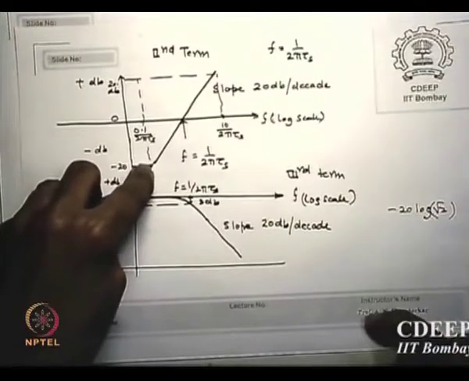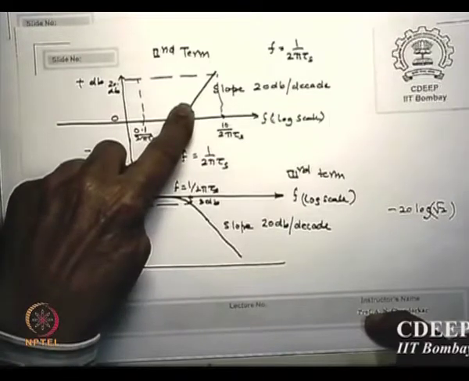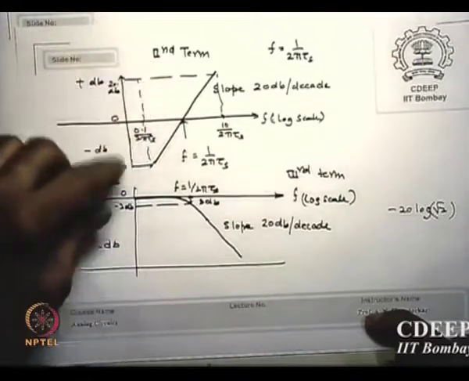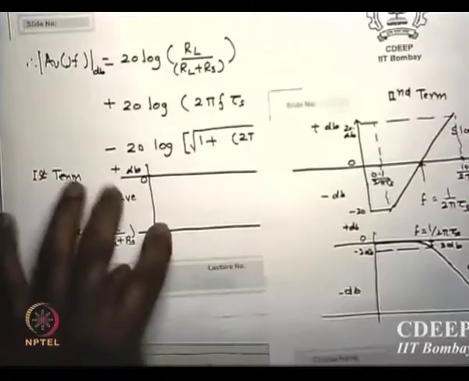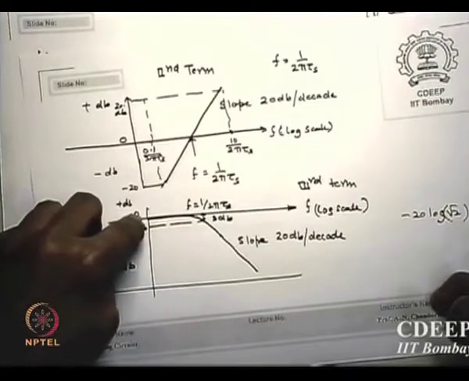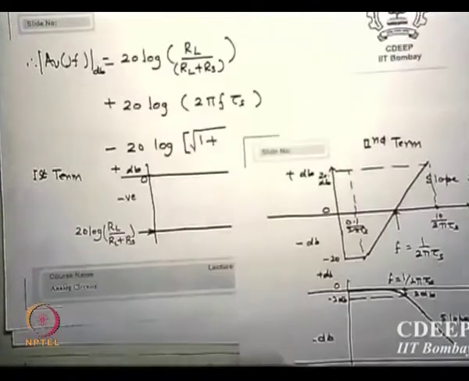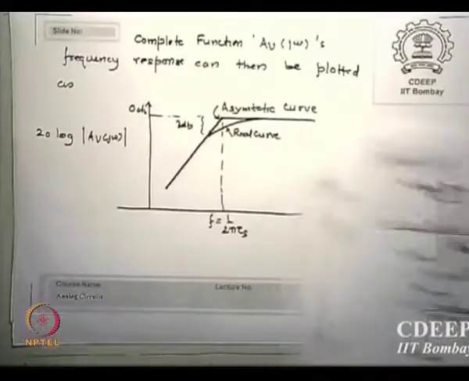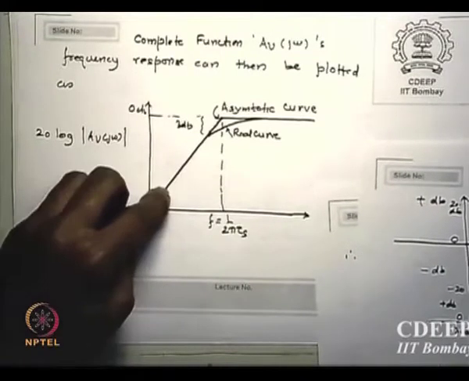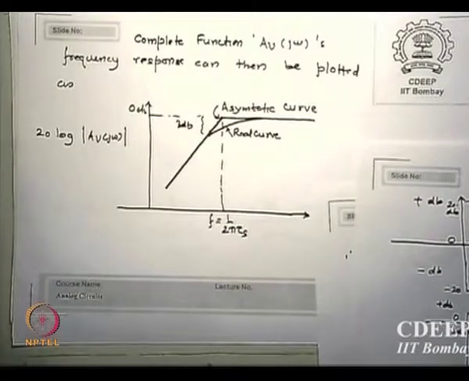From this frequency onward, the gain is going towards 0. If I am adding all 3 of them, this plus this, and this is 0. So if I add all 3, then what do I get? Initially, of course, this may be minus 20, and it starts rising up to what value? It was rising towards 0 dB.